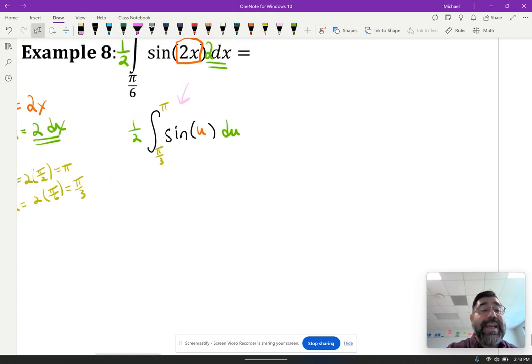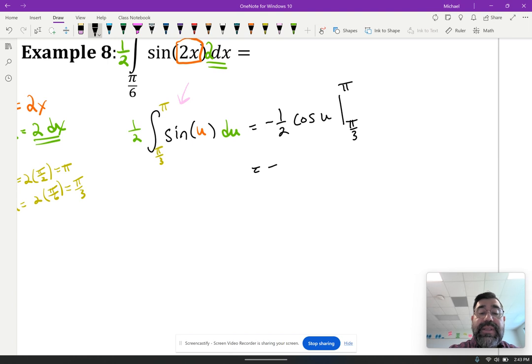But I need to find the antiderivative. What's the antiderivative of sine u? That would be negative cosine u. And don't forget the 1/2 is still there. So negative 1/2 cosine u, but we're going to evaluate that at pi and at pi over 3. Think about how we got to this point by taking the antiderivative.